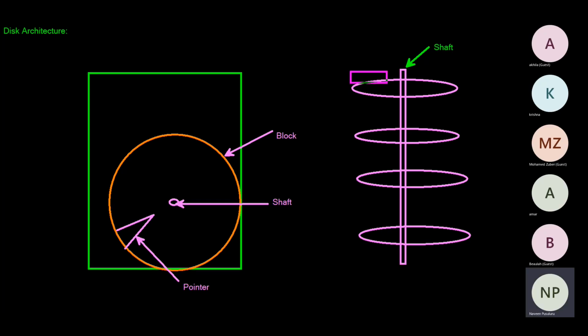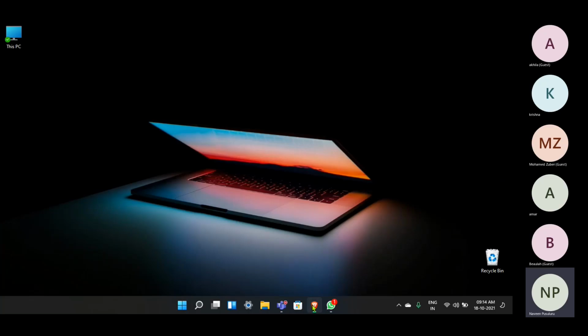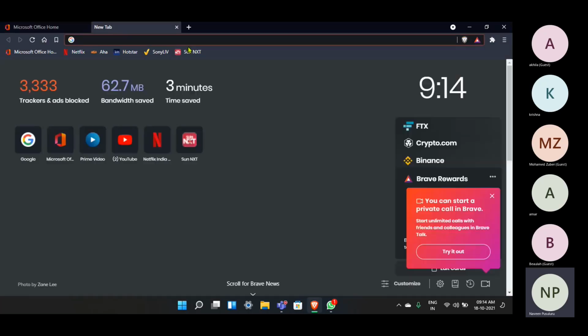This entire component we'll call a block, and each layer in the block we'll call a stripe. This is how the disk architecture will be. Let me show you diagrammatically how it looks.